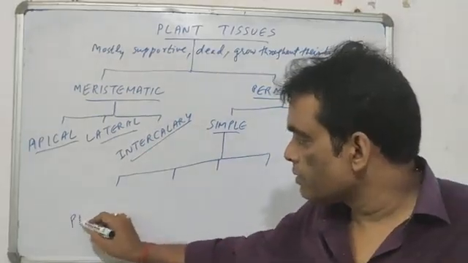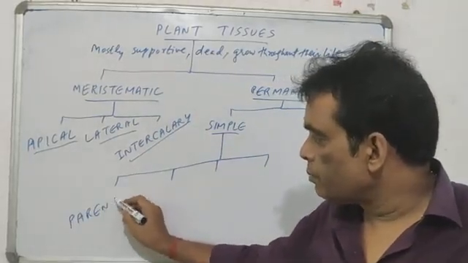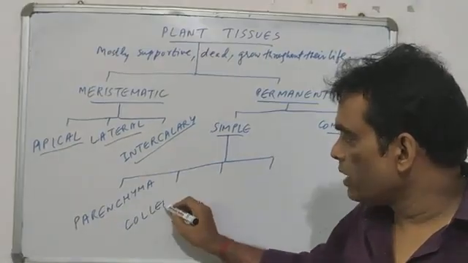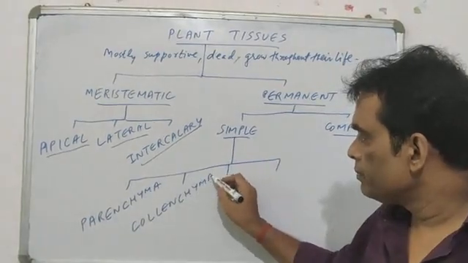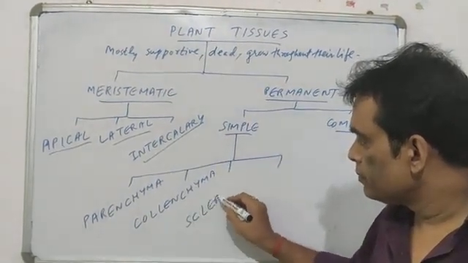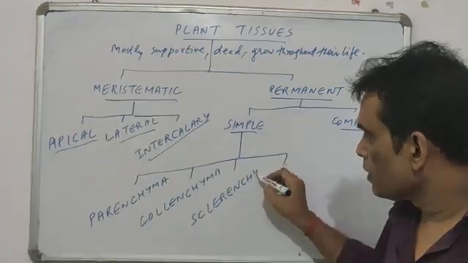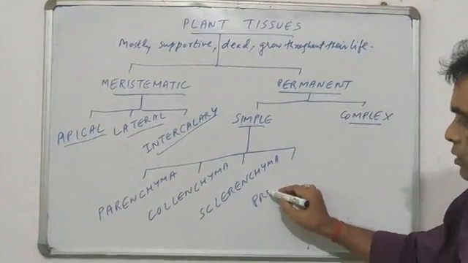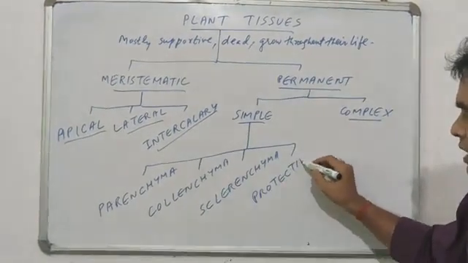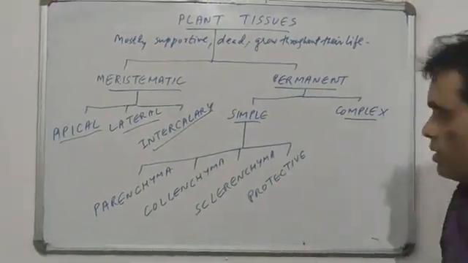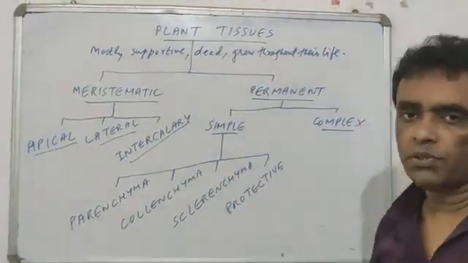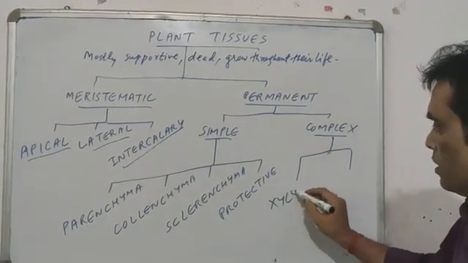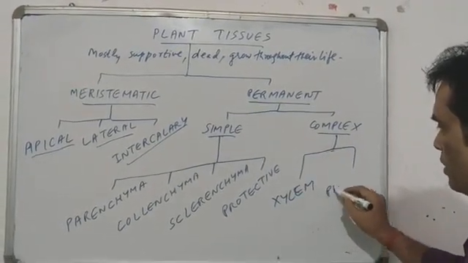They are called parenchyma, collenchyma, the third one is sclerenchyma, and the 4th one is called protective tissues. These are 4 types of simple permanent tissues. The complex permanent tissues are just 2, that is the xylem and the phloem.